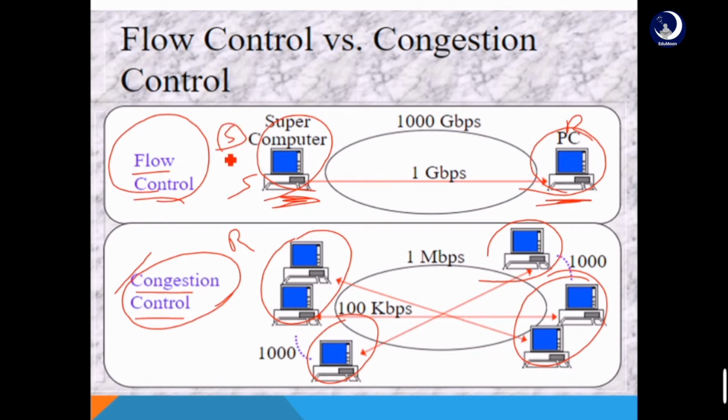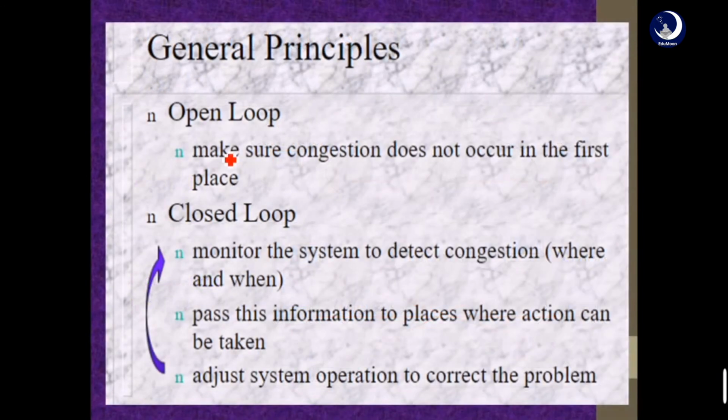Now, types of congestion control. There are two types. The first one is open loop and the next one is closed loop. Open loop makes sure that congestion does not occur in the first place. The closed loop lets congestion occur, monitoring the system and finding out where the congestion is actually taking place.